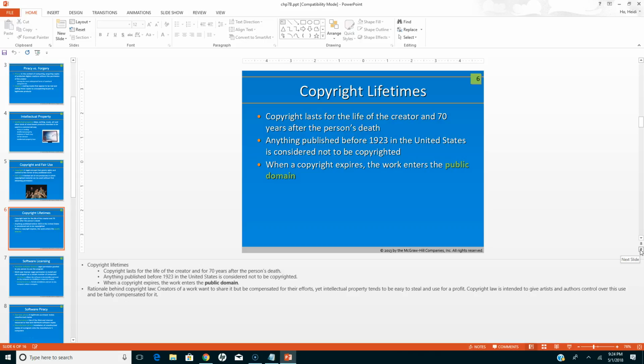Copyrighted materials last for the life of the creator and 70 years after the person dies. When a copyright expires, the work becomes public domain. Another example of violation of copyright: let's say that a person downloads a recording artist's music from the internet without paying.